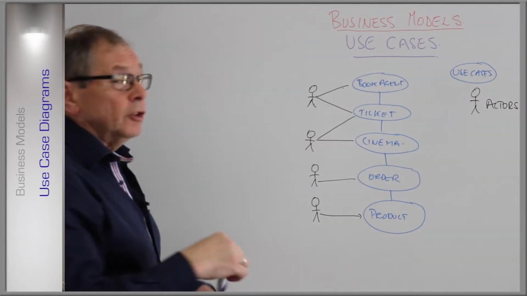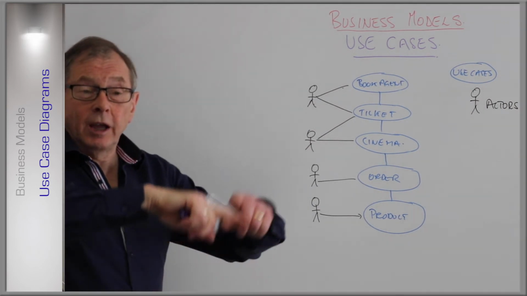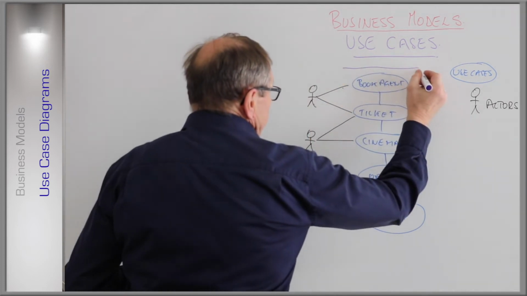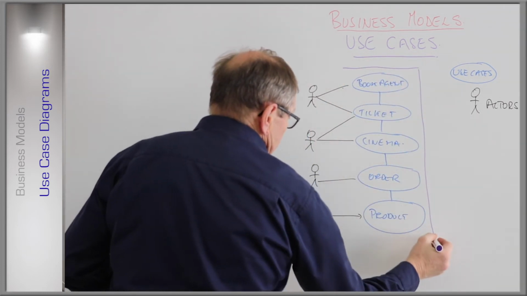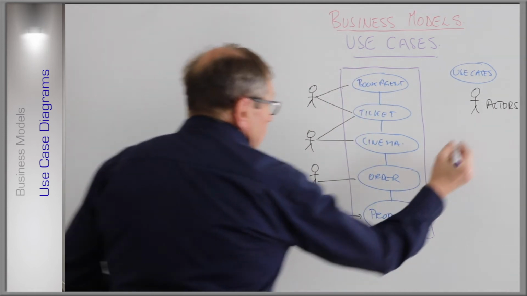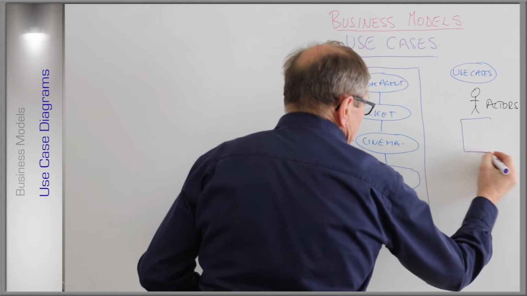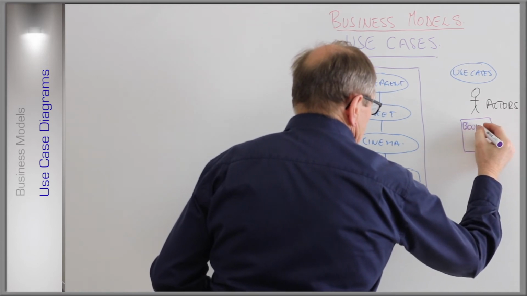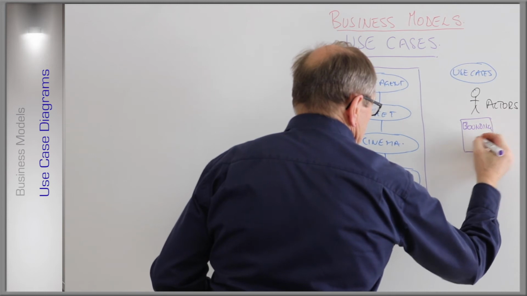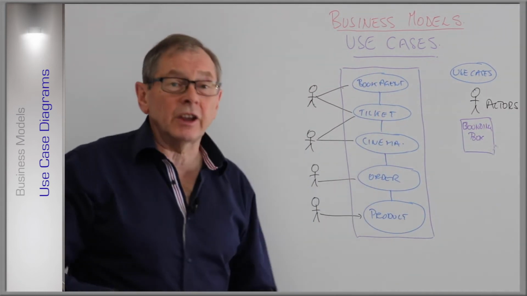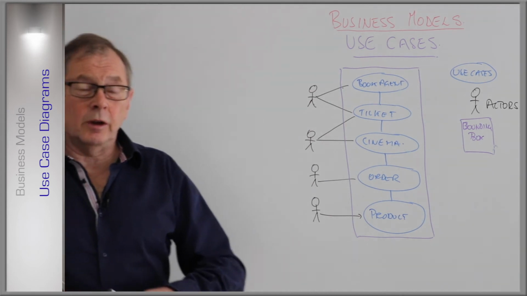Now, what we need to do is provide a bounding box around these to contain the use cases. It's a bit like a subroutine, our bounding box, which contains those as a flow of a particular activity.